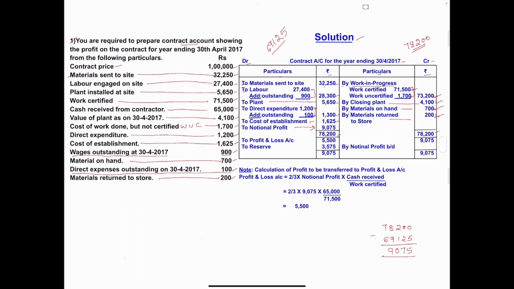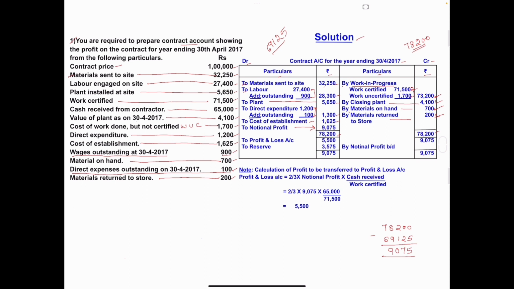And this notional profit is transferred to profit and loss account and reserve. As you know, there are four conditions, and on the basis of work certified and contract price, we have to calculate the amount of profit to be transferred to profit and loss account.